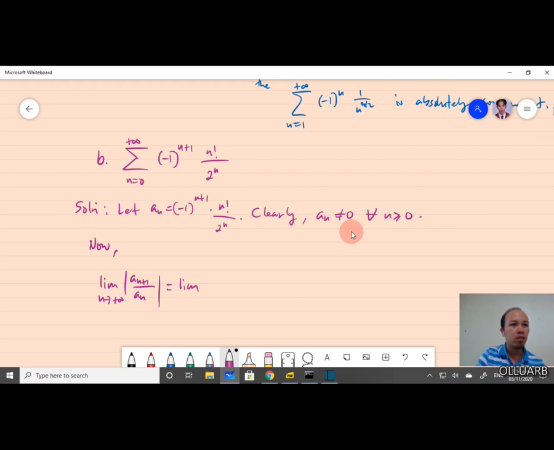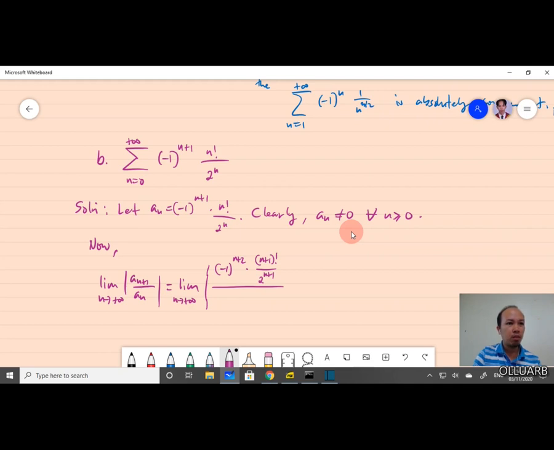The numerator is negative 1 to the n plus 2 times n plus 1 factorial over 2 to the n plus 1. So replace n by n plus 1.